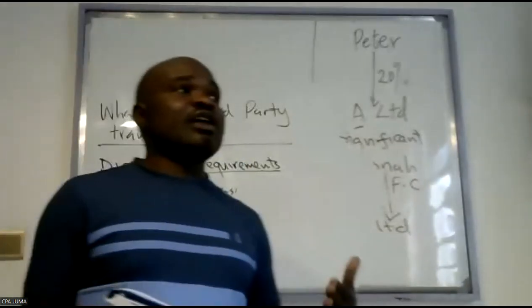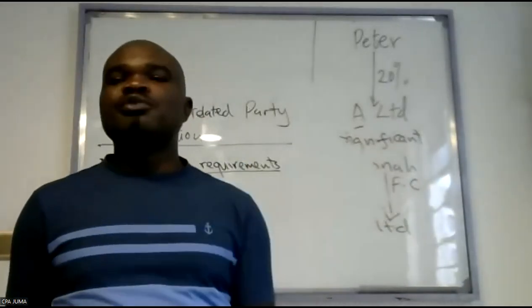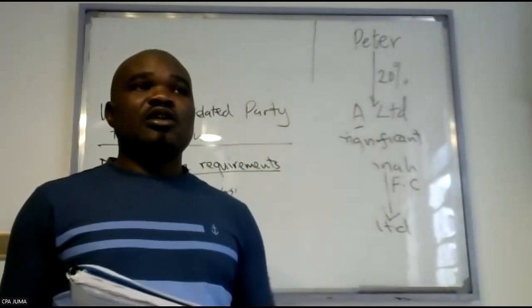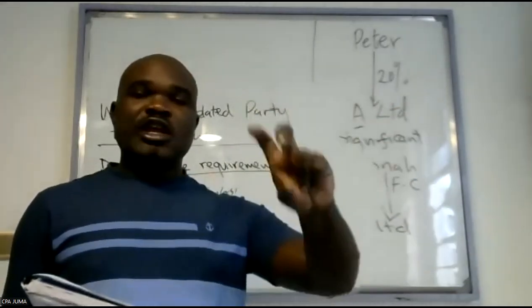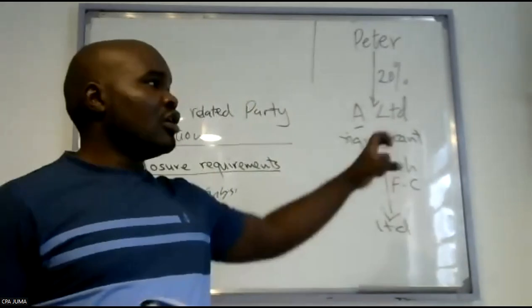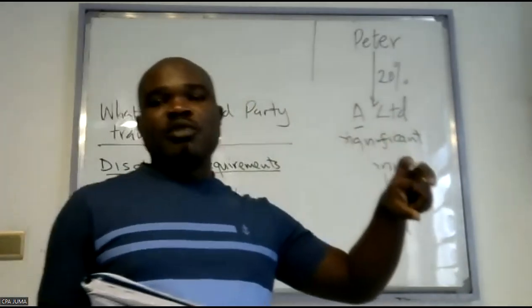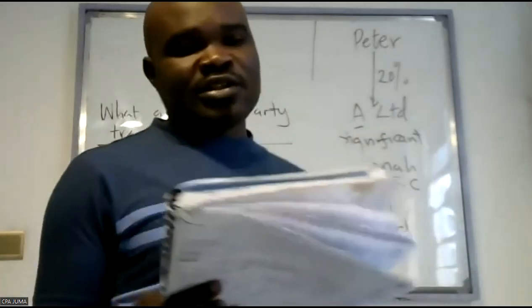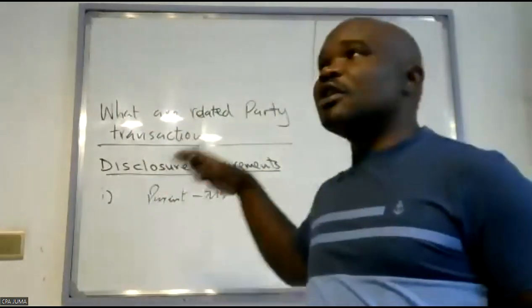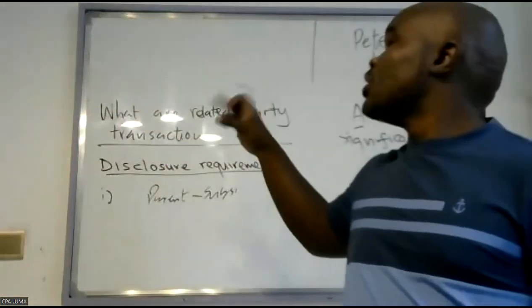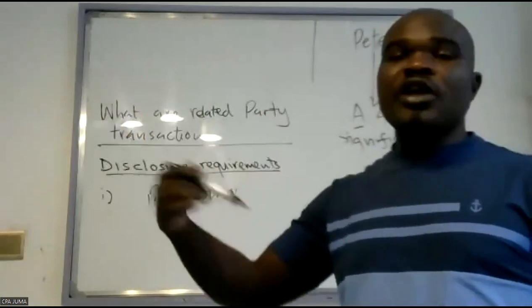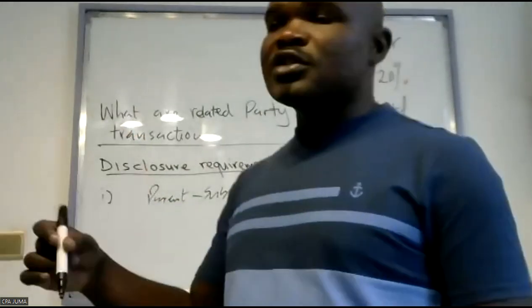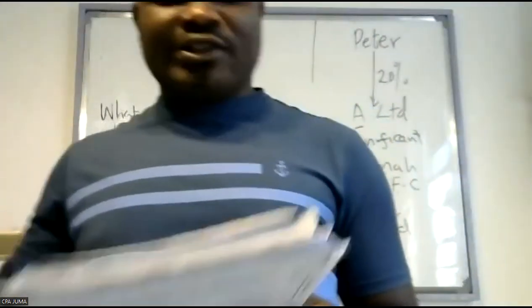So you just tell us what made them to be related parties. This was the parent, this was the subsidiary, related parties. Close family member, key management personnel, all those things which we have been seeing there are now the relationship. How do they connect? What is making you disclose? So the relationship you must tell us.